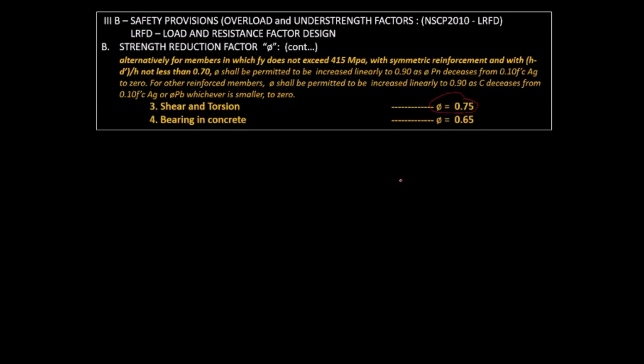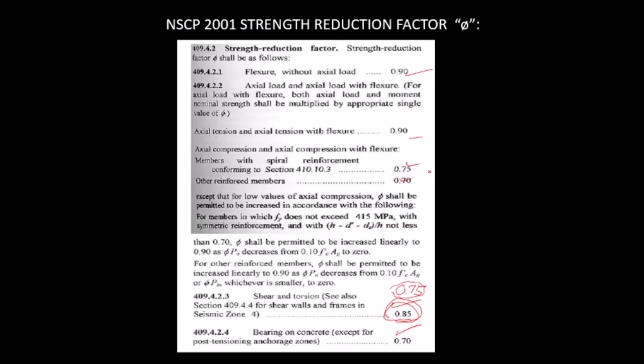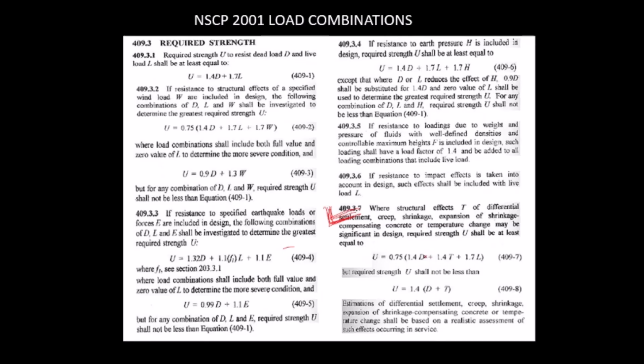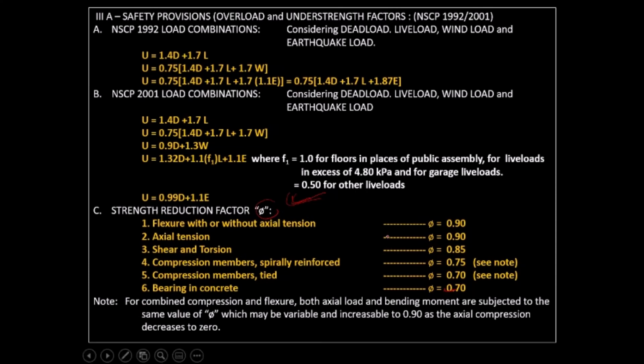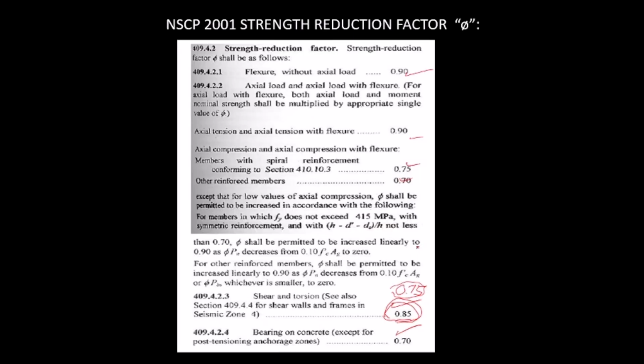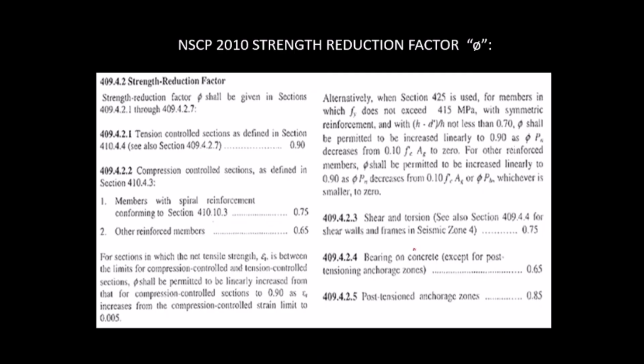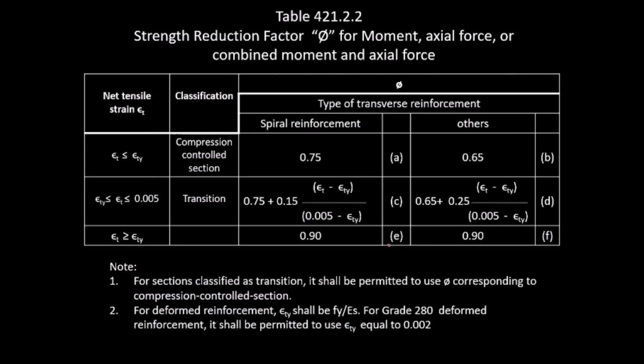The other, this is bearing, 0.65. Pag tinignan natin dito, yung bearing is 0.70. So, just compare these values of 2010, 2001 and 2015. Sa 2001, palaging 0.90 yan. But in 2010, meron na tayong value na 0.90 or 0.65.